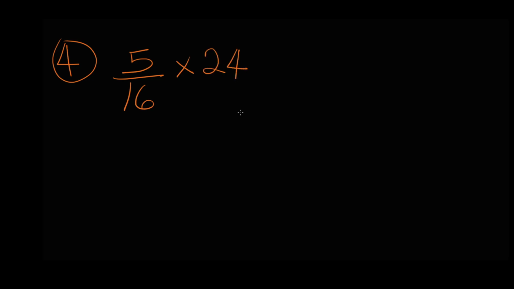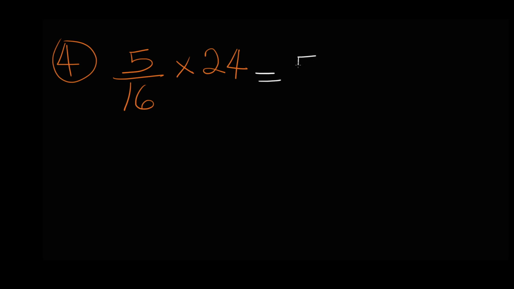Let us take a look at another example. But before I solve this problem, I would like you to pause this video and go ahead to solve this problem. Alright, go ahead and pause the video. Alright, let's take a look at this problem set. 24. You will agree with me that 24 is the same thing as 24 over 1, right?